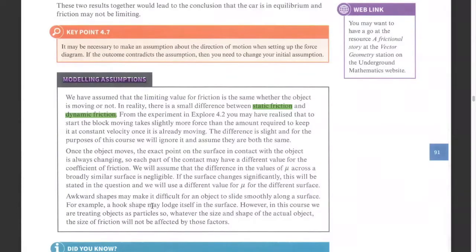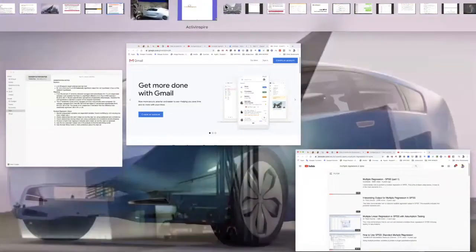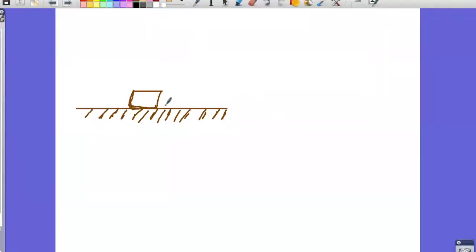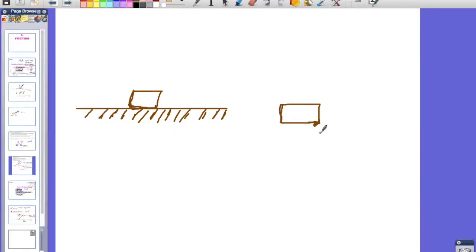For example, a hook shape may lodge itself in the surface, just like if that object that is going to slide has some kink like this, which we cannot even observe very well.